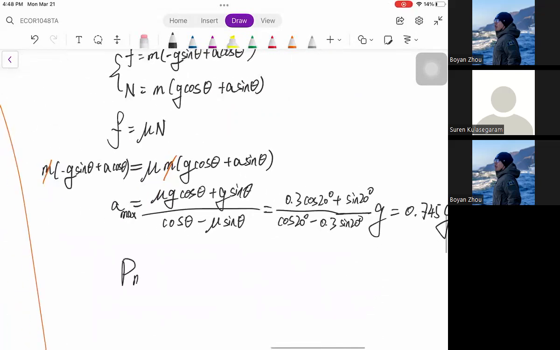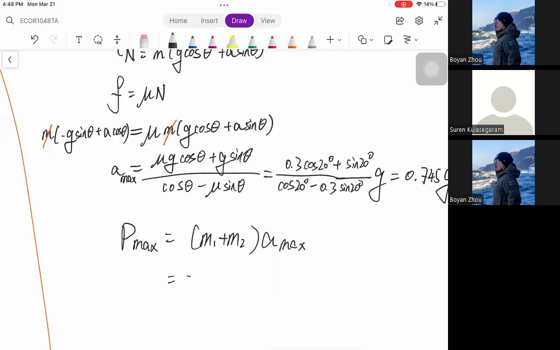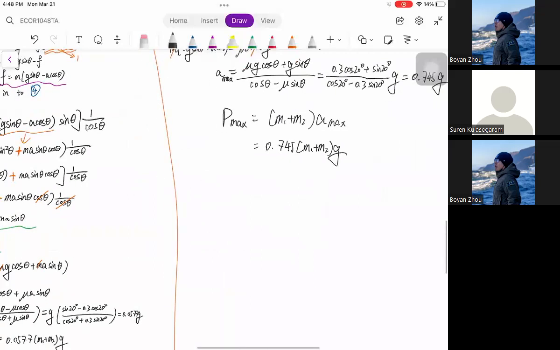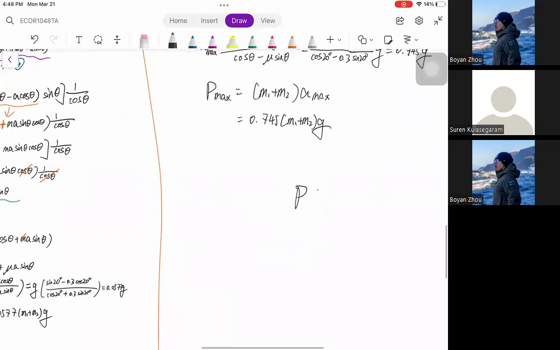So the P max will be equal to M1 plus M2 times the acceleration A max. So that is equal to 0.745 (M1 plus M2) G. So that is for the maximum P. Eventually you just say P should be between the P max and the P minimum.